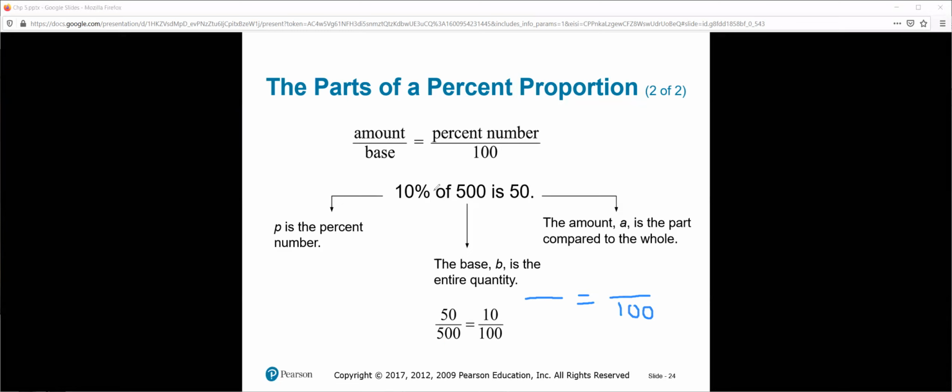In this case, the question would be telling us 10% of something is something. Well, 10% would be 10 over 100. Now the question remains, if this was phrased as a question, 10% of 500 is what? 500 is your base, or your new denominator.